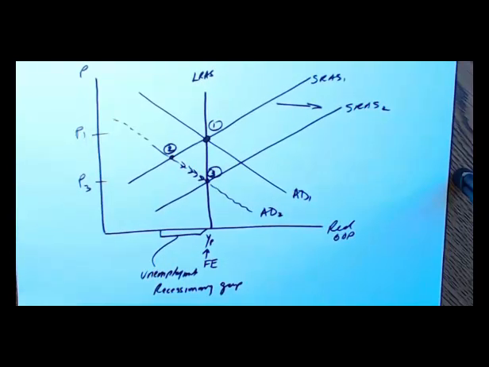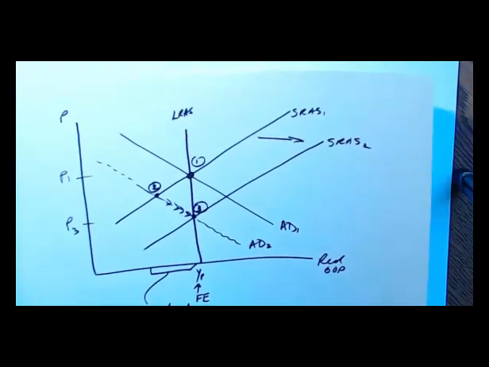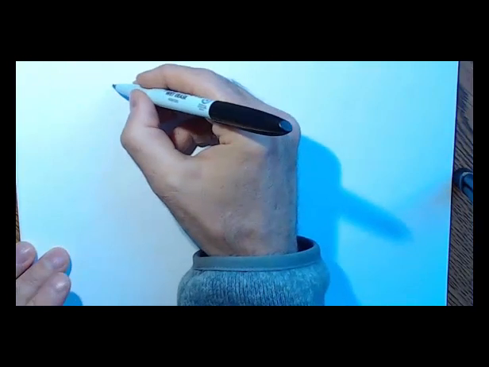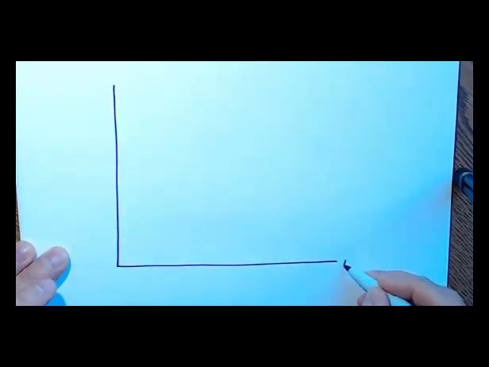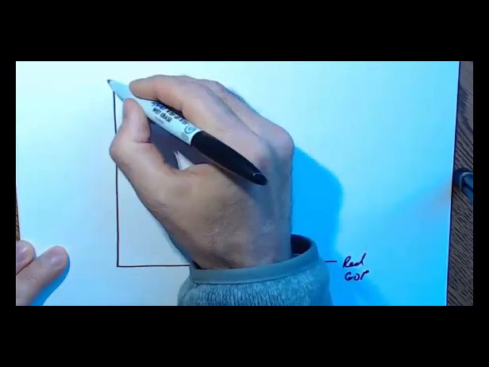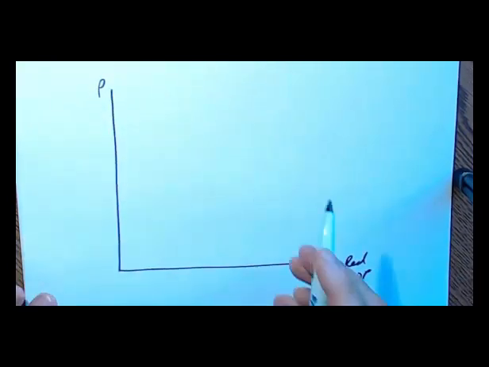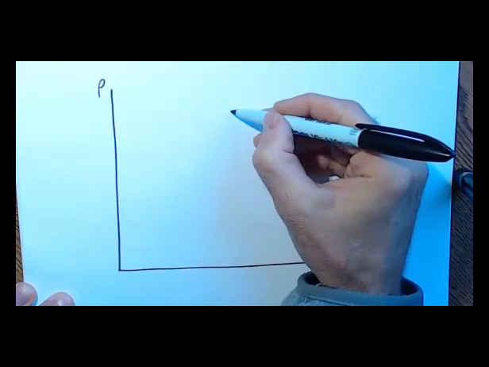Okay. Now what we want to do is look at what happens when we have an increase in aggregate demand. Aggregate demand shock from the positive side, like World War II is an example, and there's lots of other examples, but not to that magnitude.